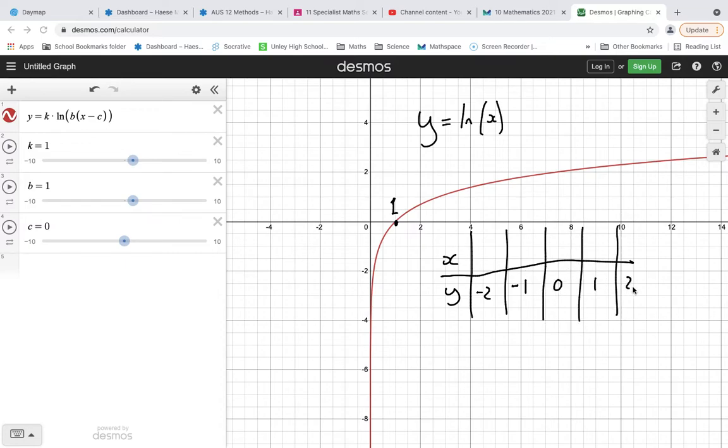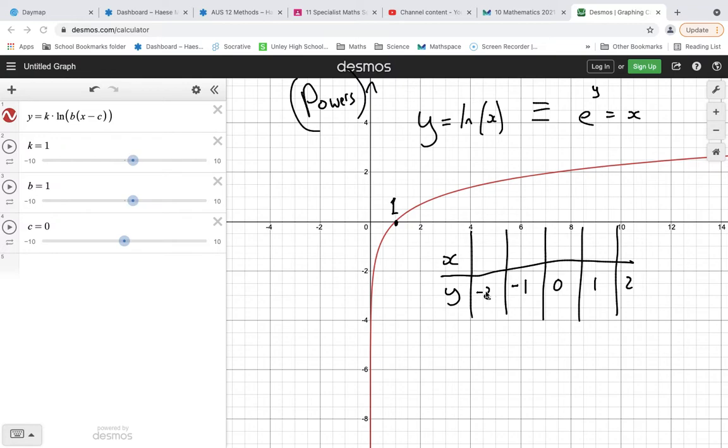Right, remember that our y values are powers. That's the output of this equation. This is equivalent to saying we're in base e. We're using powers of y to get x values. Right? So that's why I'm doing this table of values in reverse order.